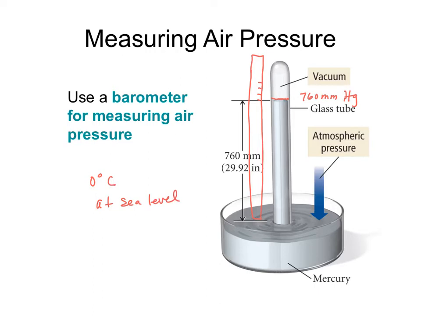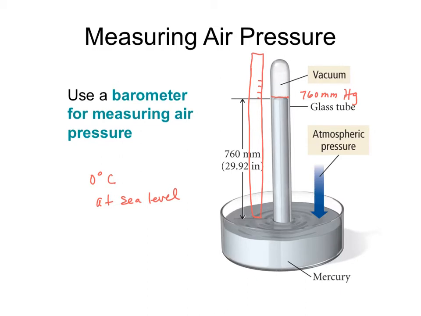All right, and then what we'll find is that the height of the column of mercury that supports the pressure of the atmosphere is 760 millimeters. So let me just write it underneath.